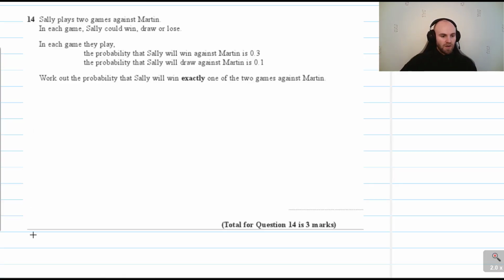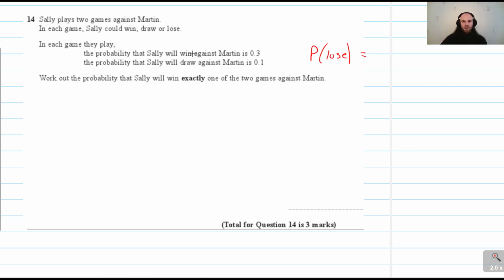Okay, so very quickly, the probability of a win is 0.3. The probability of a draw is 0.1. So the probability of a loss is 1 minus 0.3 minus 0.1, and that is going to be 0.6. So the probability that she wins is 0.3, the probability that she draws is 0.1, the probability that she's going to lose is 0.6.